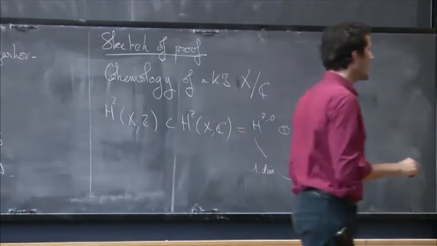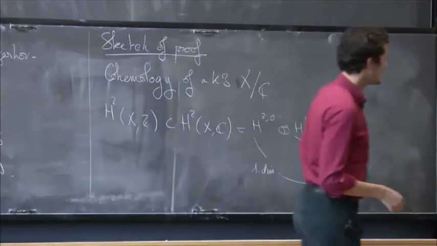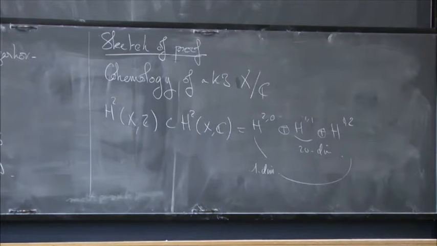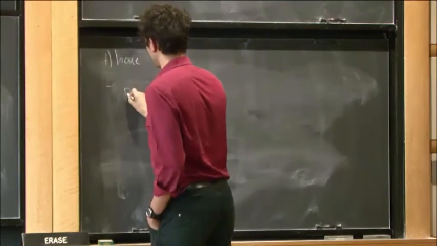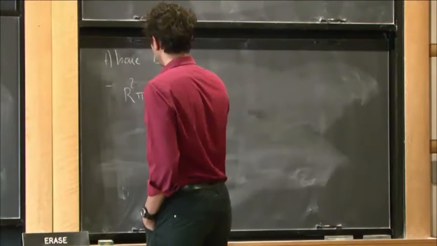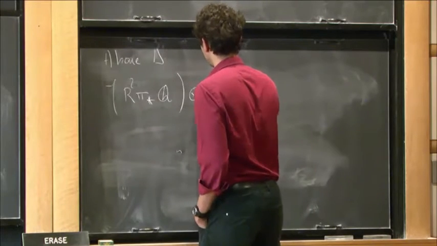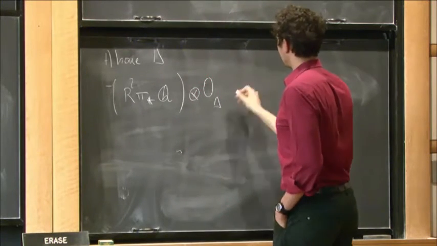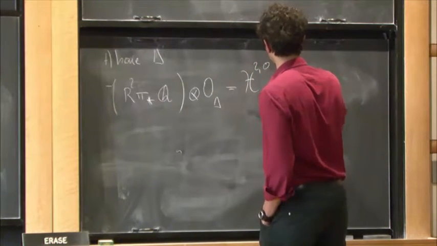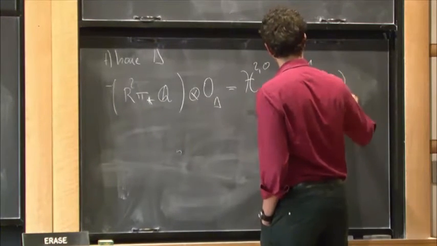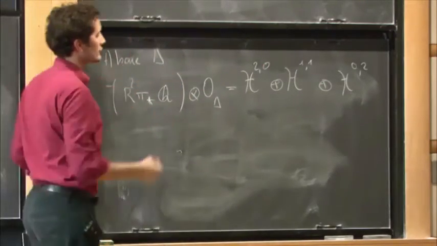So this is all well known, and now we have a non-trivial family of K3. We have an actual deformation. So we have the following data above the unit disk. We have the local system R2 pi lower star, let's say Z or Q maybe. When we tensor it with the structure sheaf of delta, this splits in three parts, H20 plus H11 plus H02.